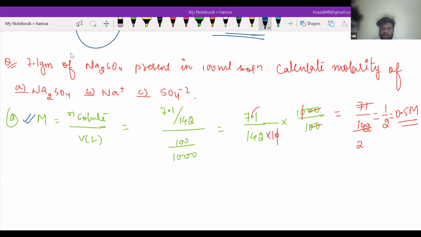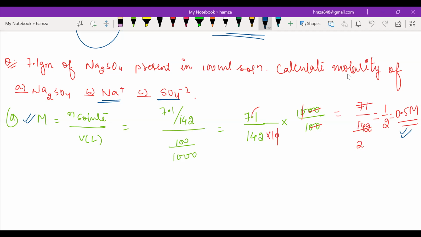Yes. Okay, so have you checked it? Your answer was 0.005, but my answer is 0.5 M. This is the difference. Where you have made the mistake, please check it. Now, can you calculate the molarity of Na plus and SO4 minus 2, Hamza? Yes, sir. Okay, please do it. B part and C part.